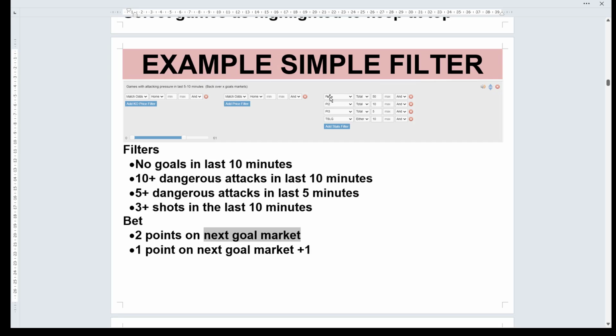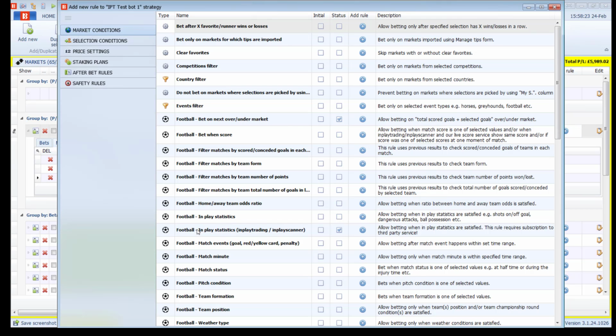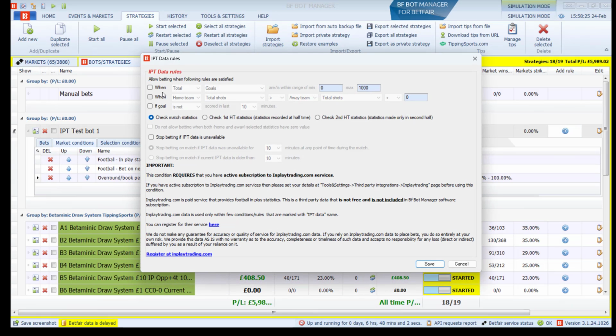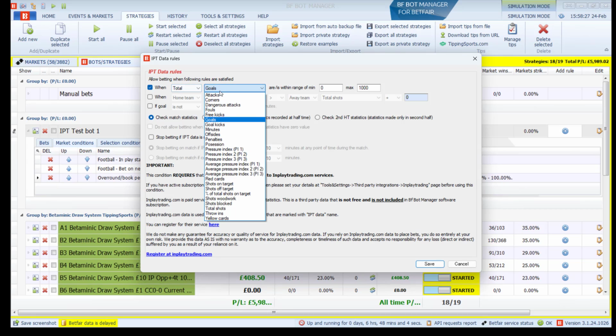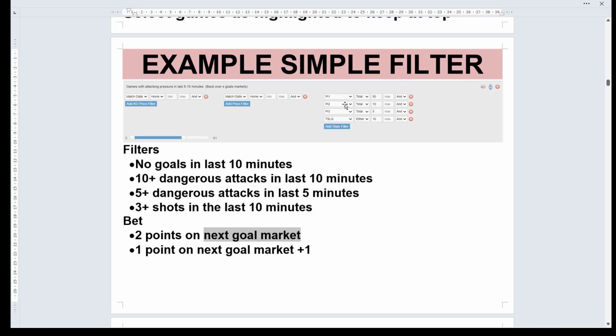Then I only want it to bet when the pressure index 1 is 50 or higher. So I add a rule, again football in-play statistics, when total pressure index 1 is 50 or more. And I want to bet when the pressure index 2 is 10 or more.